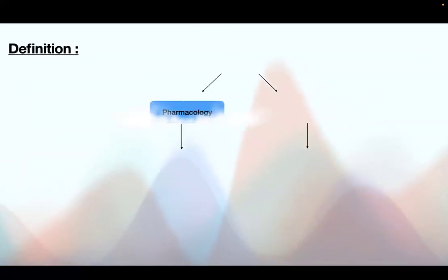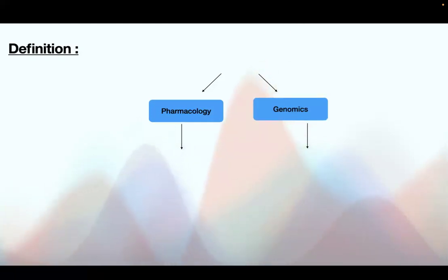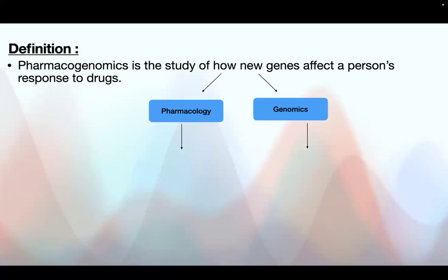Let's understand the definition. First of all, pharmacogenomics, very basic. Pharmacogenomics consists of two different words, one is pharmacology and one is genomics. And that's where your definition stands.